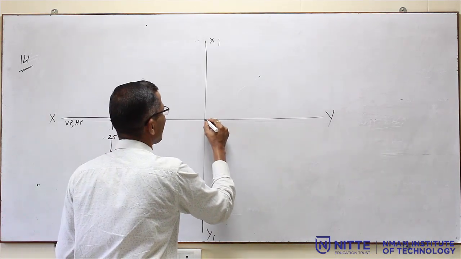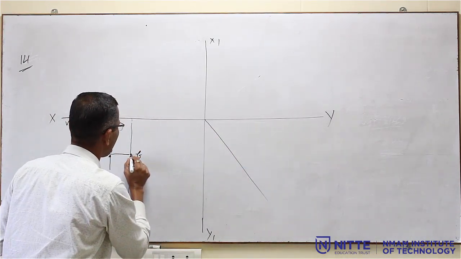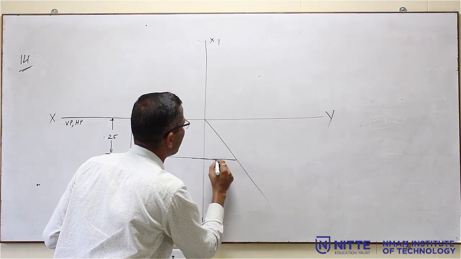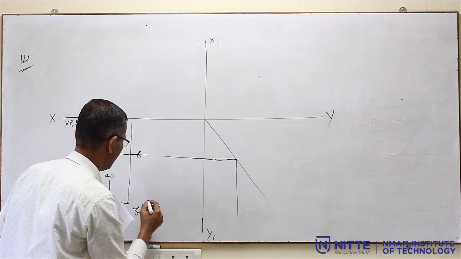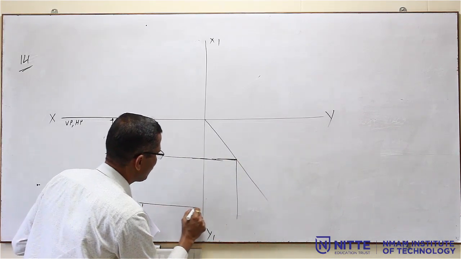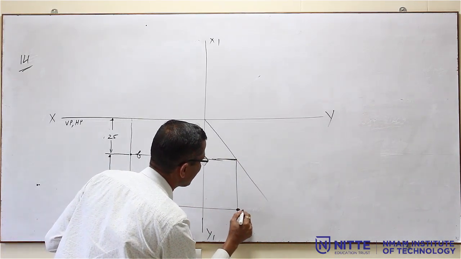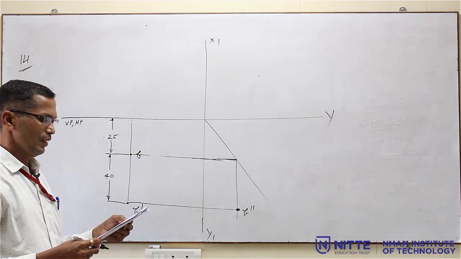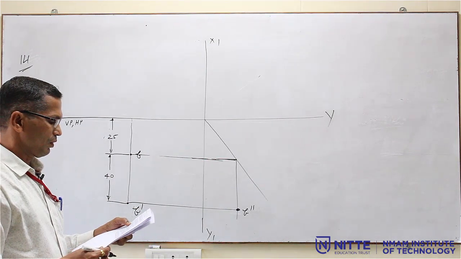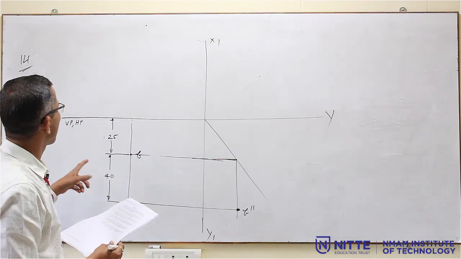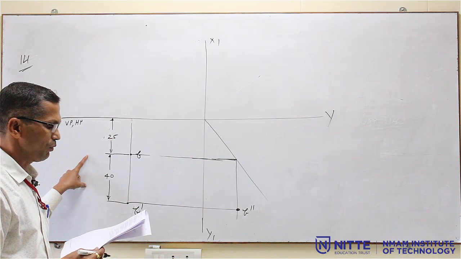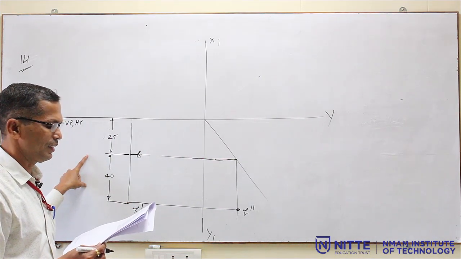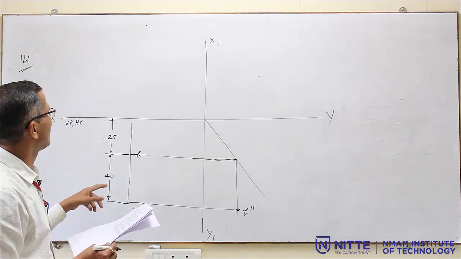So, draw a 45 degree line, go to the top view, project it, light line, then move it down, then come to the front view and project. The intersection point is B double dash, and you have to mention the quadrant. The point is in the fourth quadrant. You have to give the answer, state the quadrant in which the point lies. The point lies in fourth quadrant.